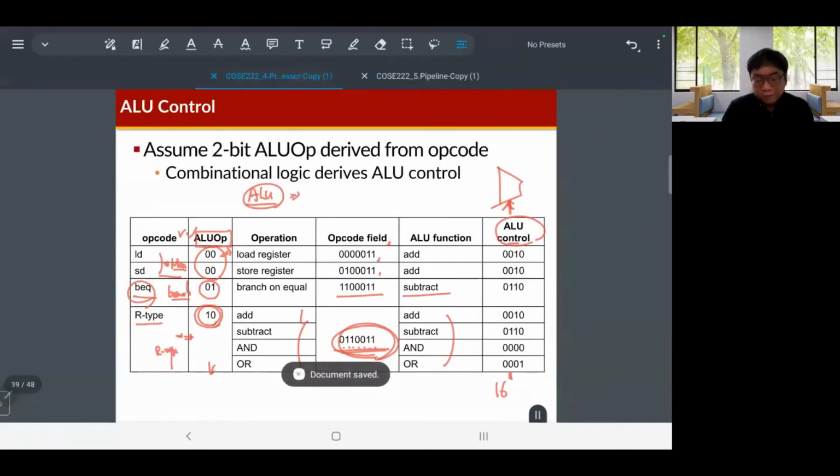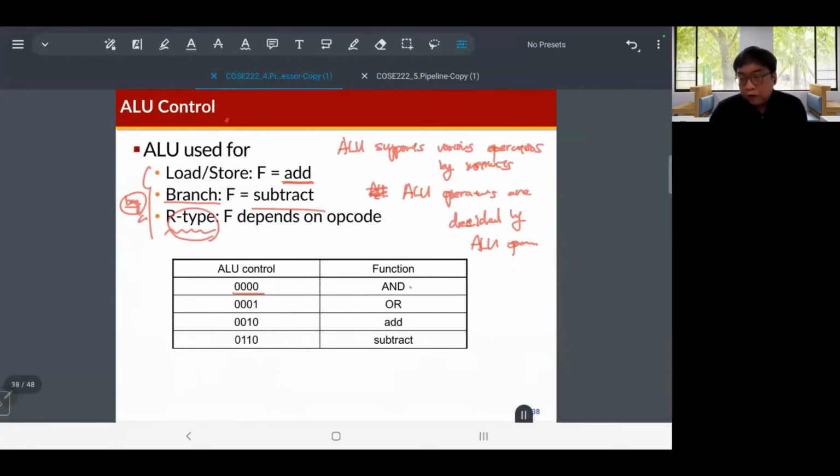Okay, so in the previous class we learned about the control unit of the single cycle processor architecture. So actually, in chapter 4, we learned how to build a single cycle processor hardware. So that's the real hardware.